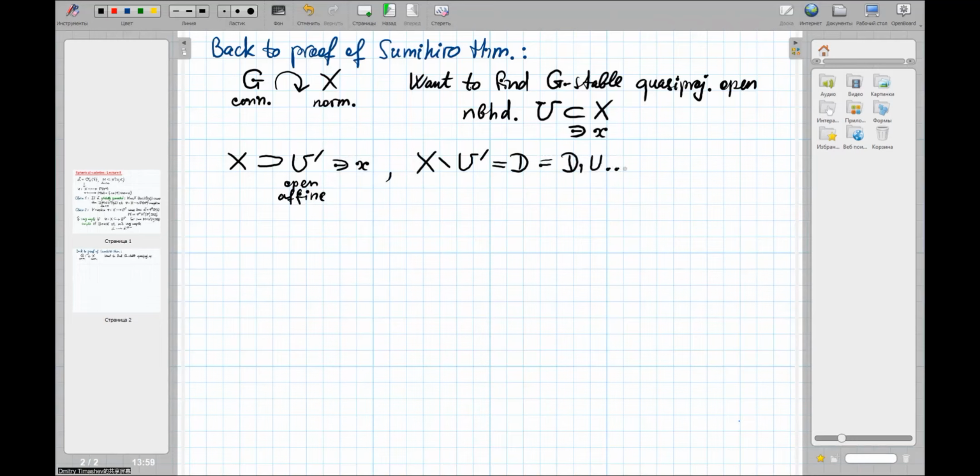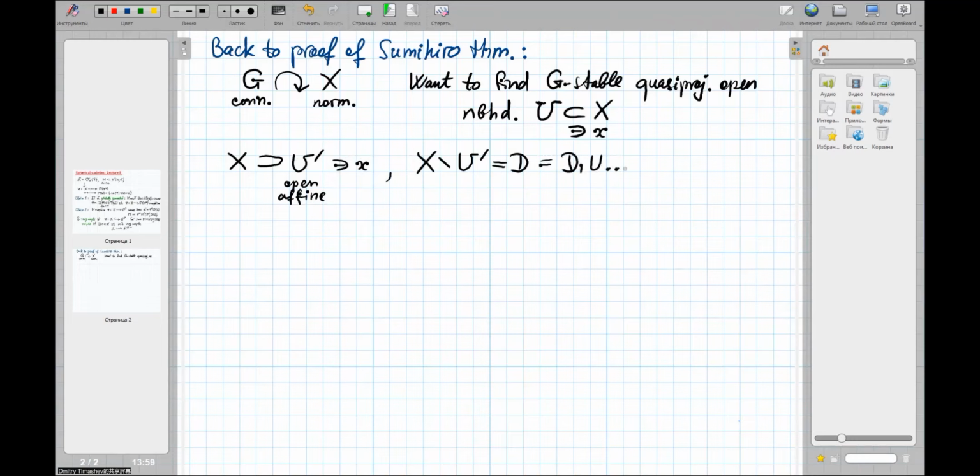But now let me consider the whole X. And let me decompose it as a union. So let me write that X can be decomposed as a union over all elements g of open subsets U sub g, where U sub g is defined in the same way as U sub g reg, but now you take the whole X and remove the shifted divisor di.